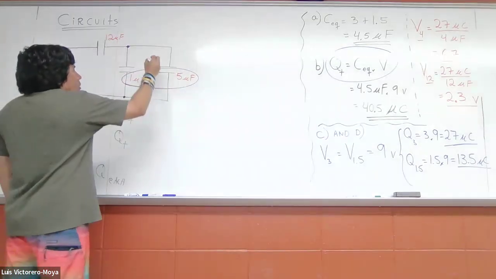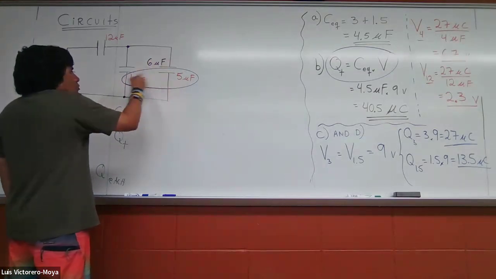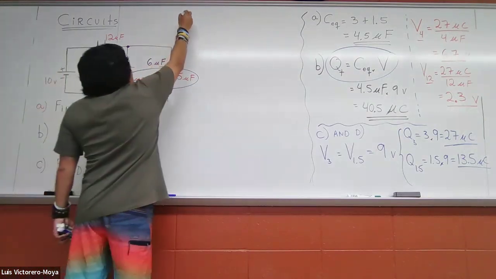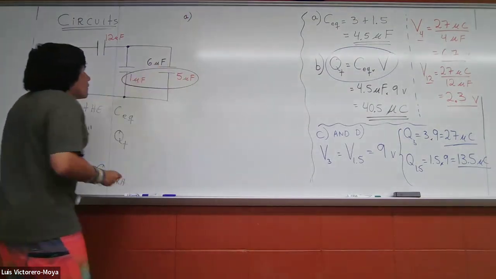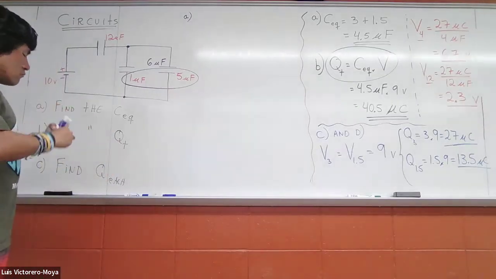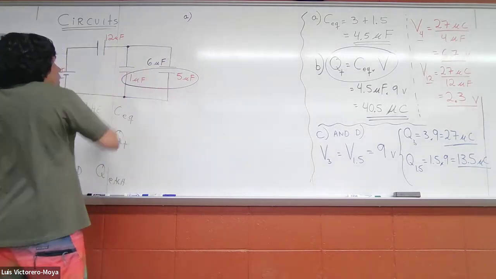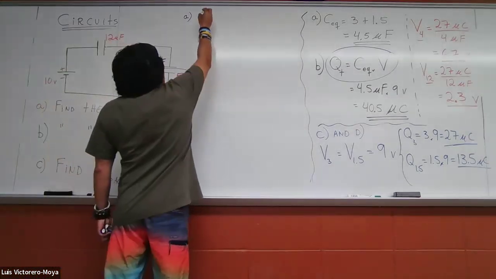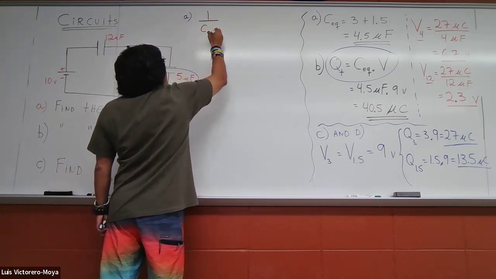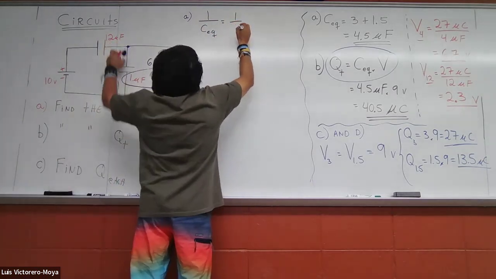So 5 and 1 are combined into 6. They are in parallel. You add them. And then 6 and 12 in series. So 1 over C equivalent is 1 over 6 plus 1 over 12.